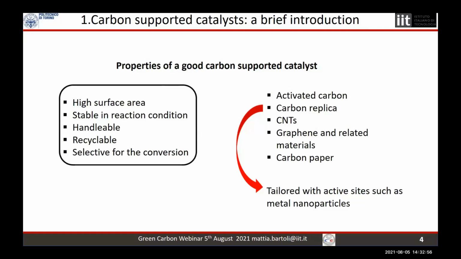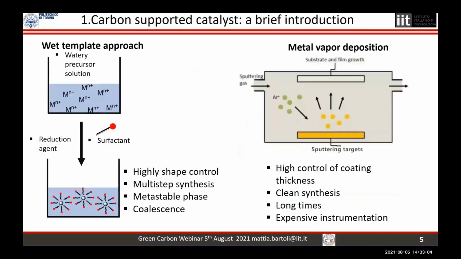All these materials must be tailored for the production of the catalyst with inorganic species, the active sites. Just to be clear, there are two main approaches to produce these materials. One is the wet approach: you prepare a solution with the metal precursor of your catalyst and produce a nanostructured and microstructured material by using a surfactant.